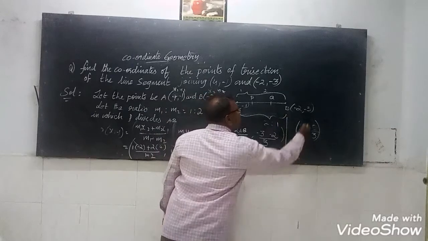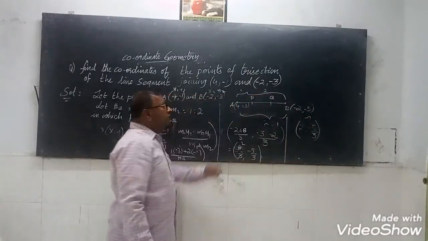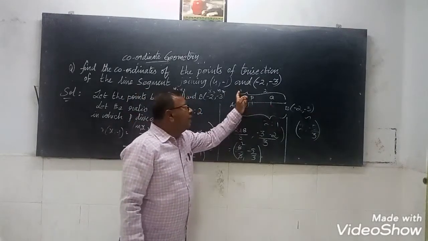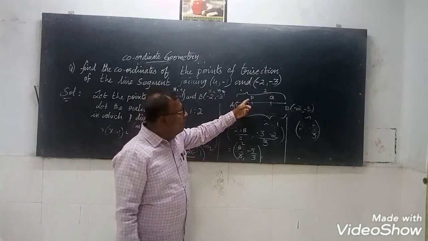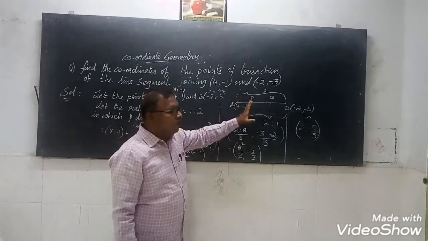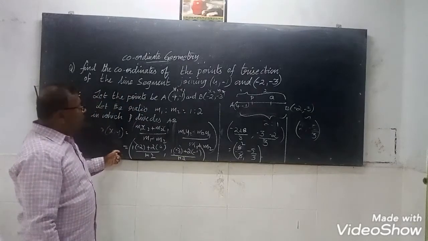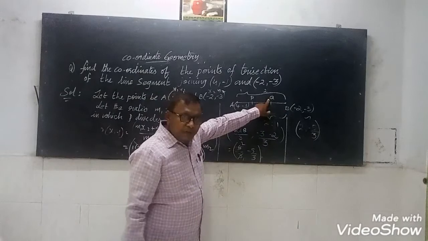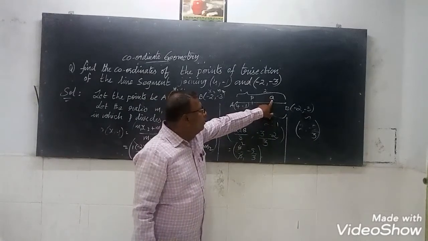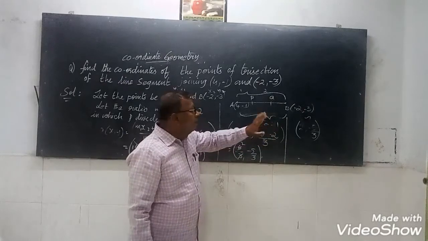So this is one point P, which divides AB in the ratio 1 is to 2, or we may even call it a point of trisection. Now again, we can similarly find the coordinates of Q. Here Q divides in the ratio 2 is to 1.